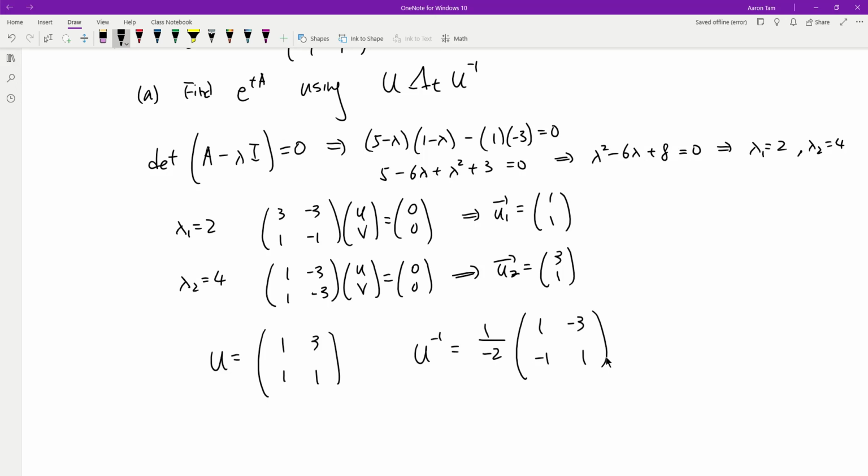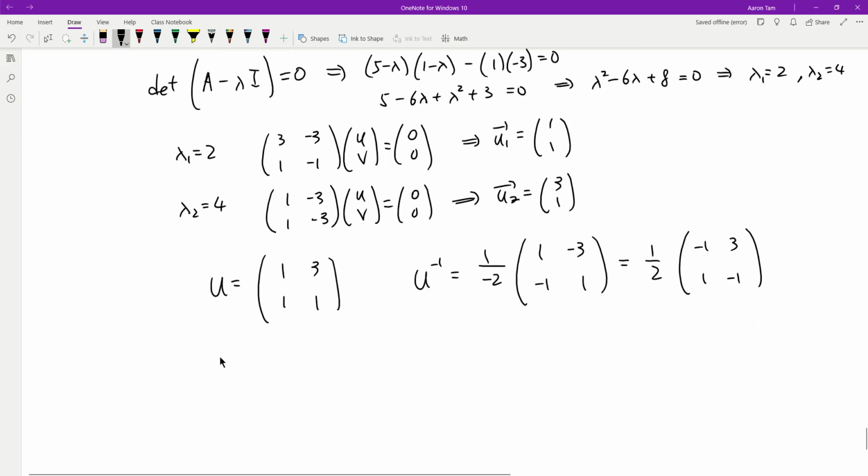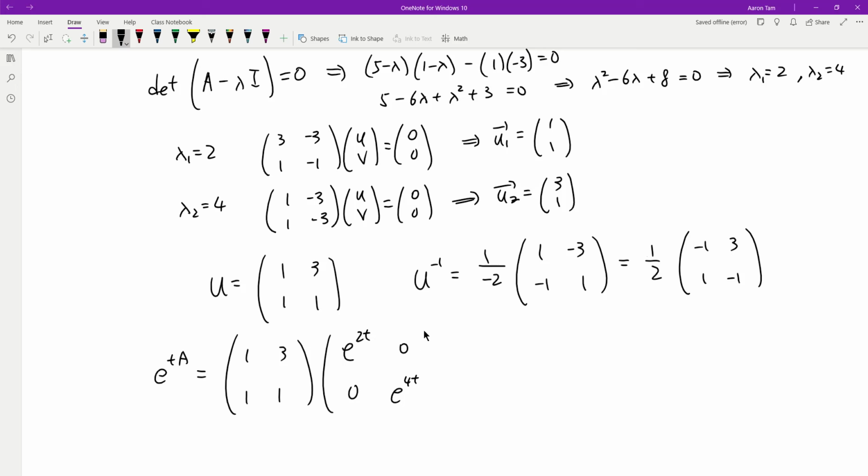I am actually going to leave the 1/2, but I do multiply the negative in, just so that I don't have to worry about the negative and can just leave it inside the matrix. And now I'm ready to find e to the tA using the formula. So e to the tA would equal U multiplied by e to the 2t, 0, 0, e to the 4t, and then multiplied by the inverse matrix.